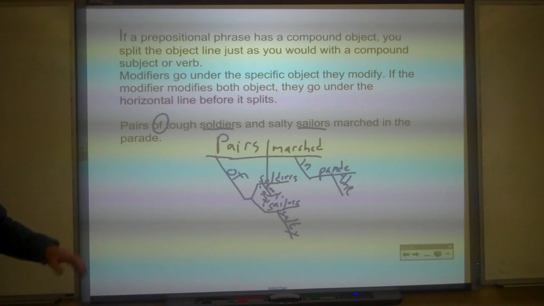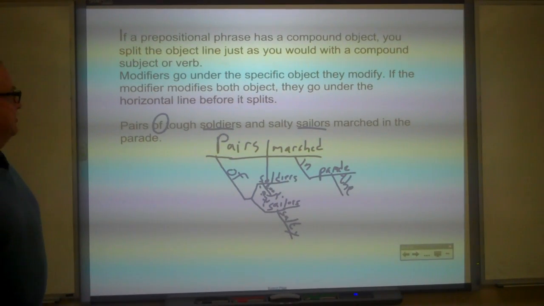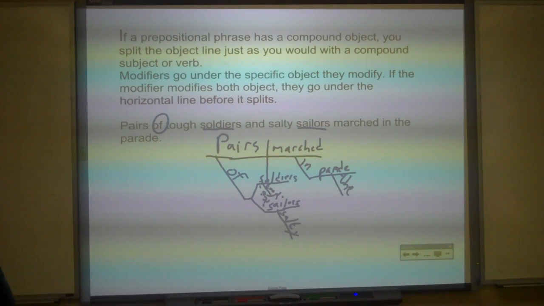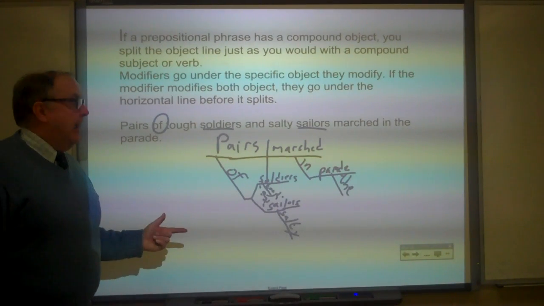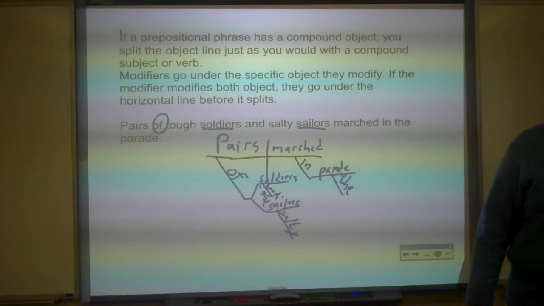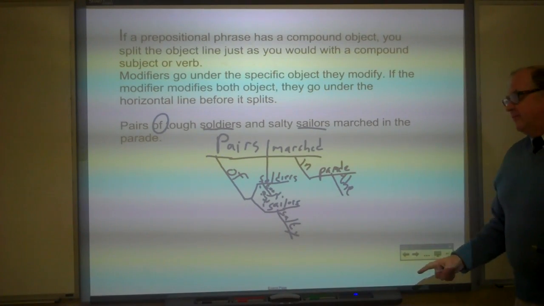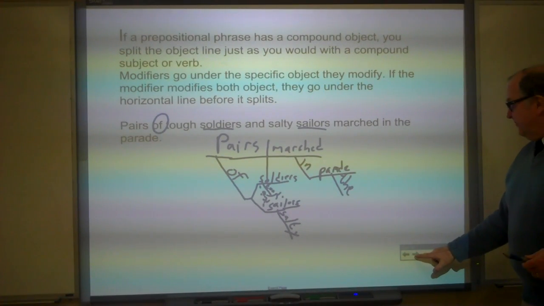And if you have a compound object of a preposition, this is how you would do it. Now, occasionally, and I'll show this on the next page, you will have a compound object of a preposition that has a single modifier that modifies both words.